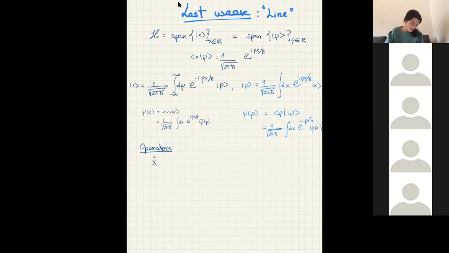So we have the operator x, which is just the x, little x. This is a cat and this is a bra. We have operator p. Same thing. For now, all these things are very symmetric, right?